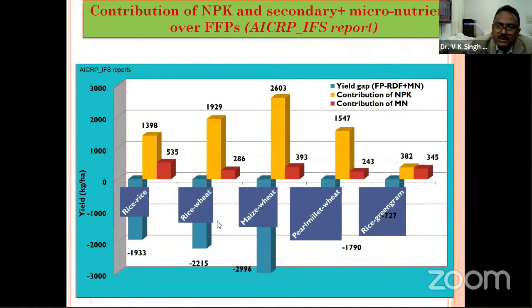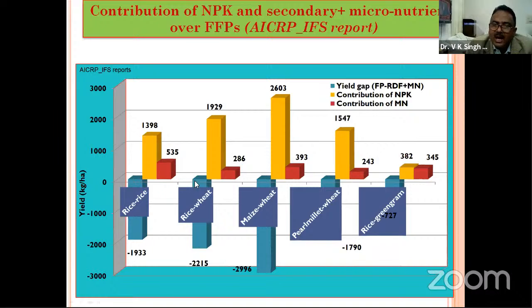Simply by applying the recommended dose of NPK over the existing practice, there is a yield gain of around 2 ton in the rice system, rice 1.4 ton. And if you put in deficient micronutrients, for example sulfur or zinc, you add another 3 to 5 quintal additional yield along with the NPK.